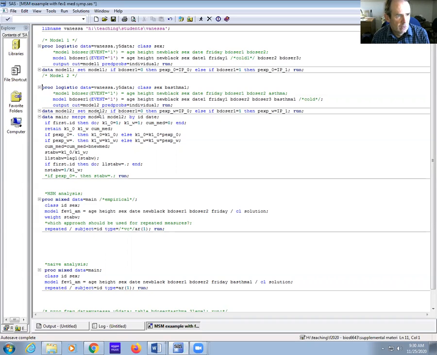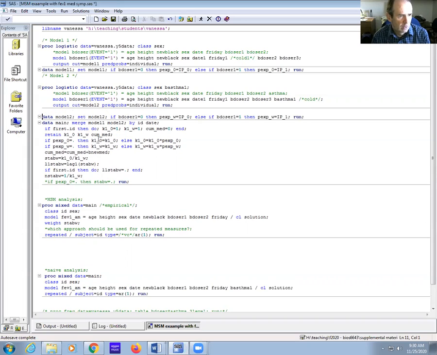With these two logistic regressions, we can create weights, and I do that in this data step here, where we create a weight that is going to either upweight or downweight records based on whether it's more likely or less likely that they had the doser in these situations or not.